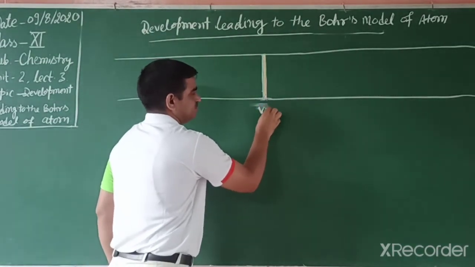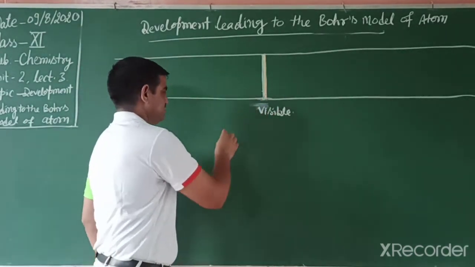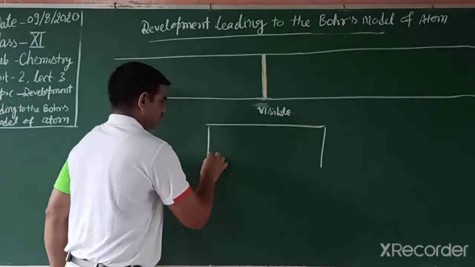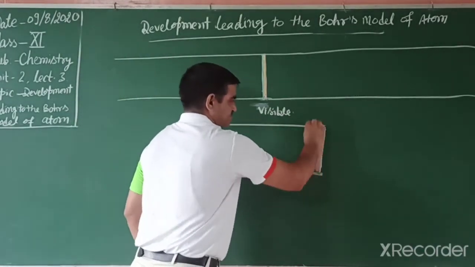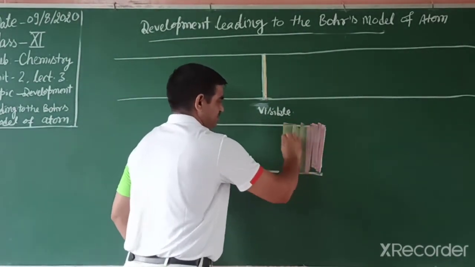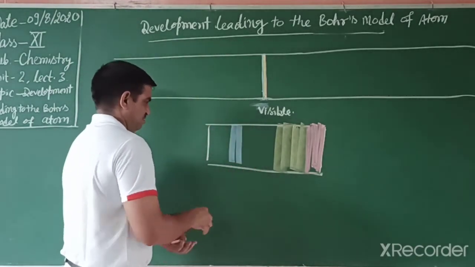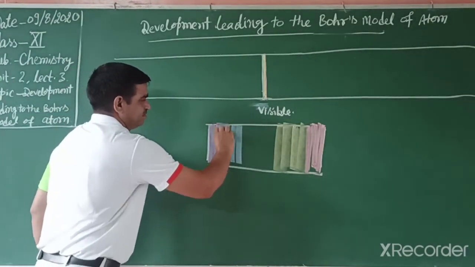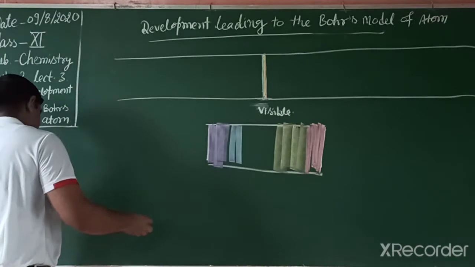On the left-hand side, this side is red, then this one is yellow, further this side is blue, and last violet, and green is also here.